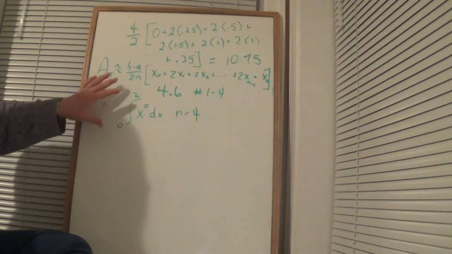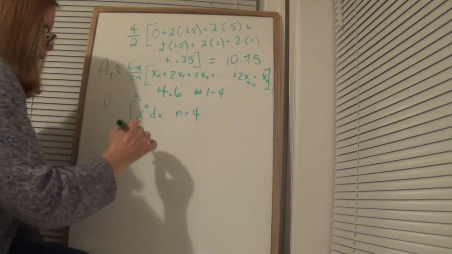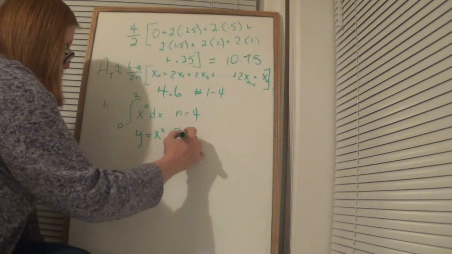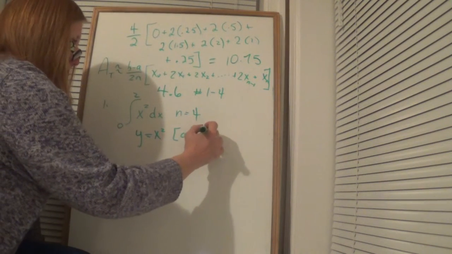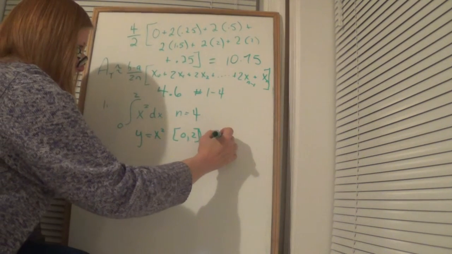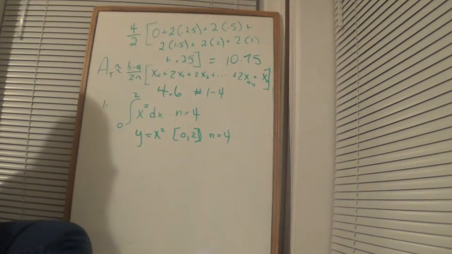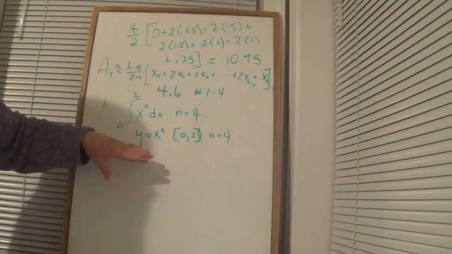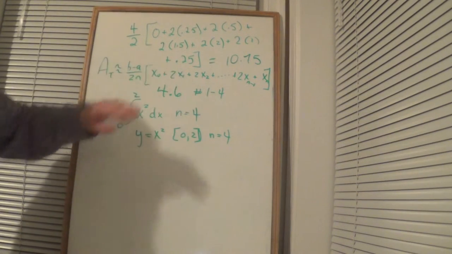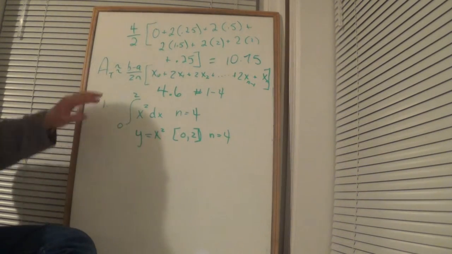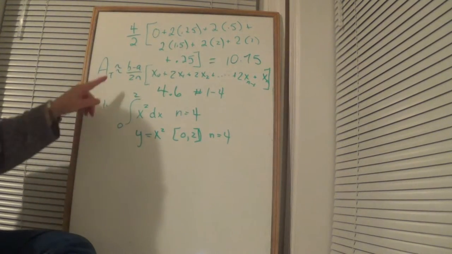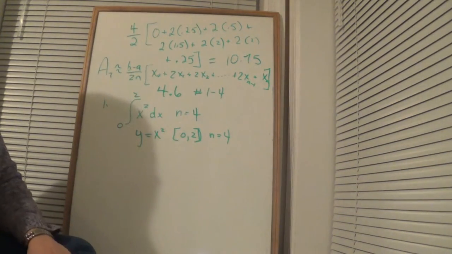But what I want you to do here is think of this as y equals x squared on the interval from 0 to 2, and n is 4 boxes, or 4 trapezoids. So this is what I mean for you to do from this. And I want you to use the trapezoidal rule in the most convenient way that I've shown you, and it's right there.